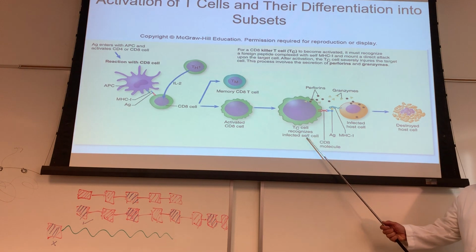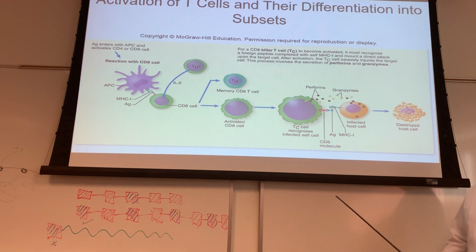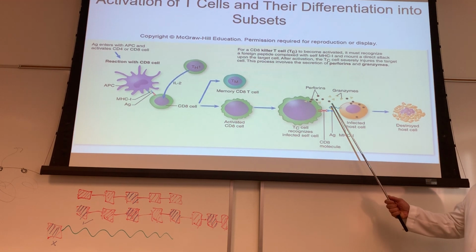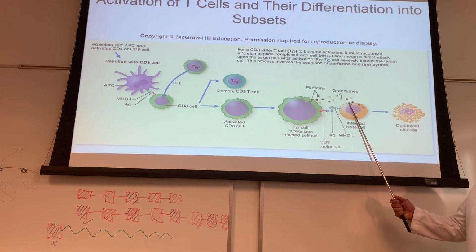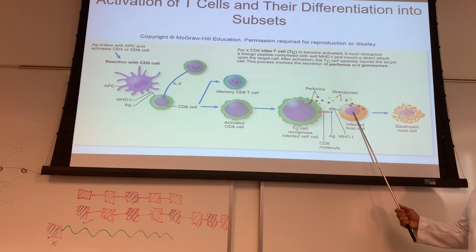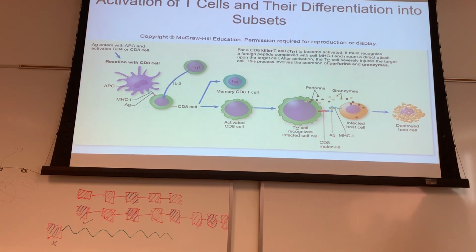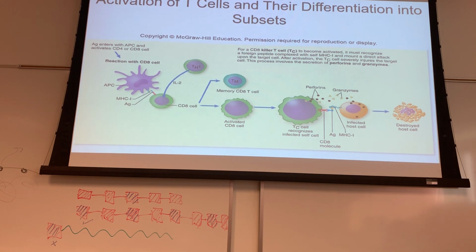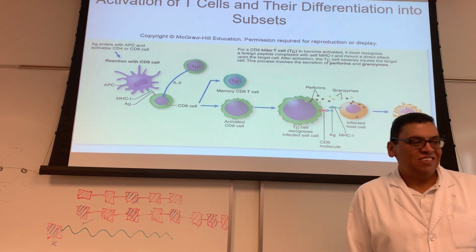So the CD8 cytotoxic T cell, this is cell-mediated immunity because a cell is involved in your protection here. The perforins will put a pore or a hole in the membrane that the granzymes can gain access to your cytoplasm through and cause the cell to die from inside out. What the granzymes do is that they activate apoptosis.